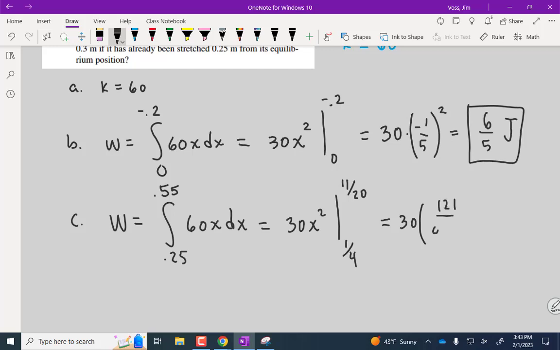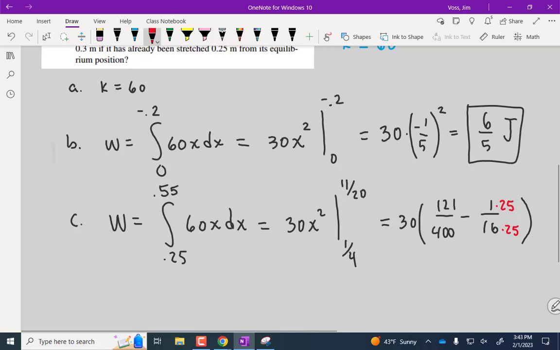We'll get 121 over 400 minus 1 over 4 squared, which is 1 over 16. Common denominator of 400. Multiply top and bottom by 25. And then we just have to combine those. Whatever we get.